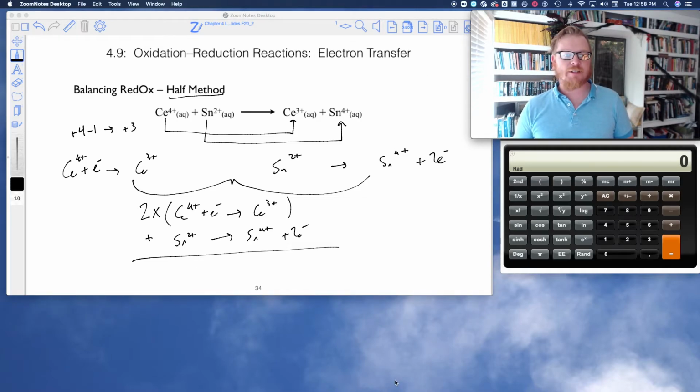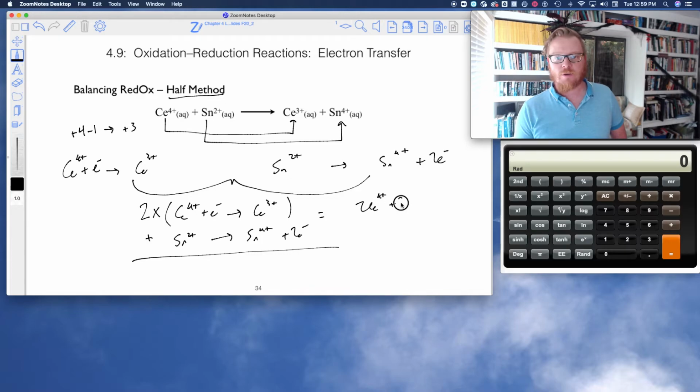I have to multiply this entire reaction by 2. And when I do that, we'll say equals, I've got 2 of everything now.